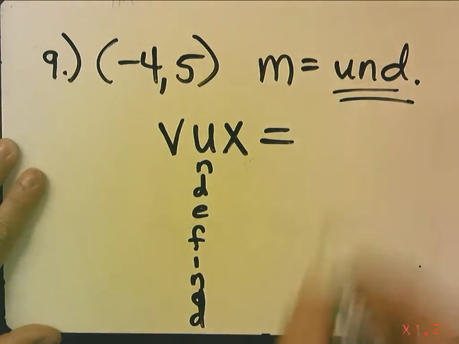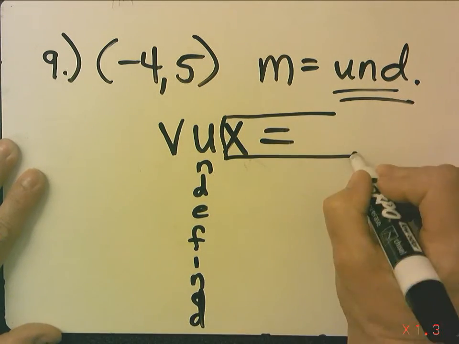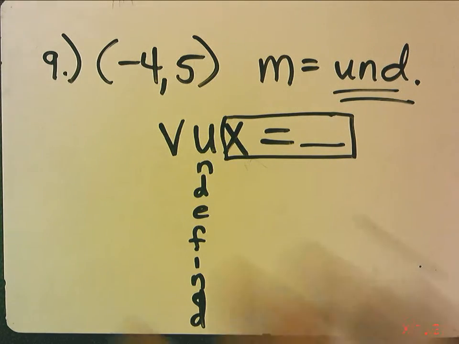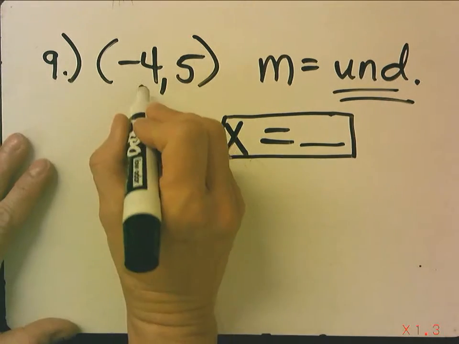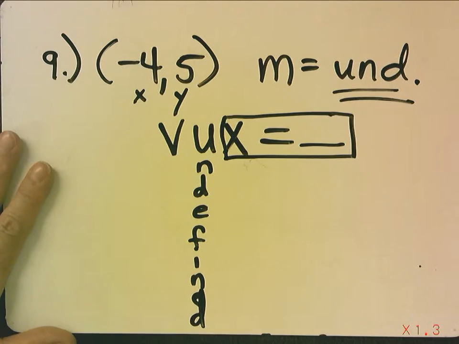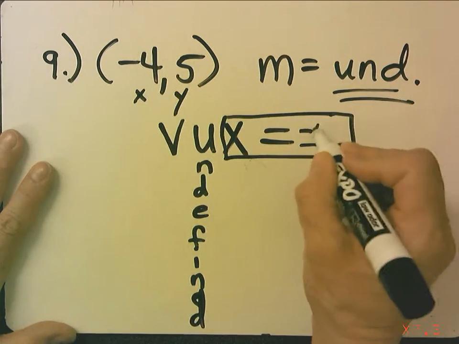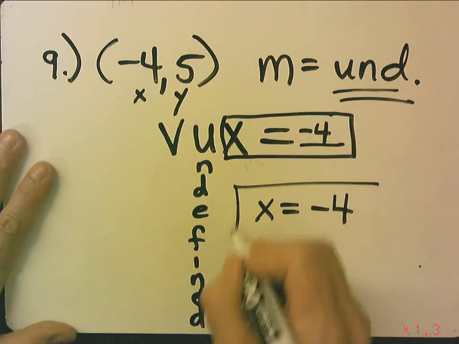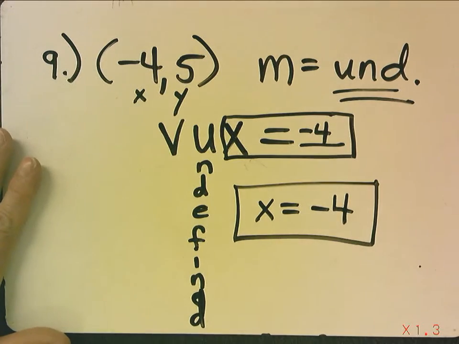So I know my equation is going to be x equals something. But they don't give me anything but a point. Oh, but then I think, you know what? The point has an x and a y value. So they are giving me what x is. X is -4. So this equation is x equals -4.